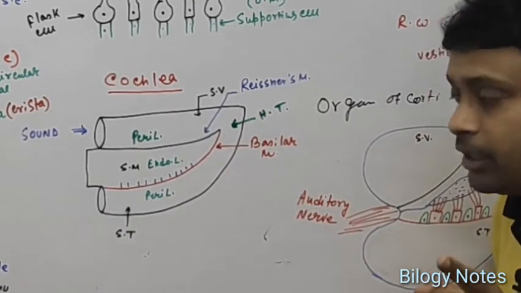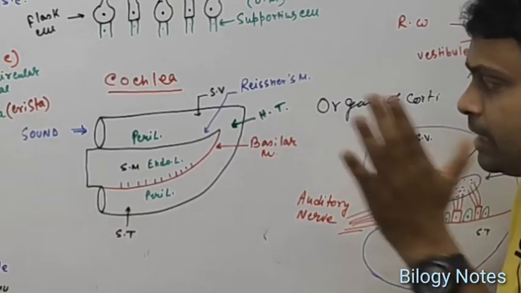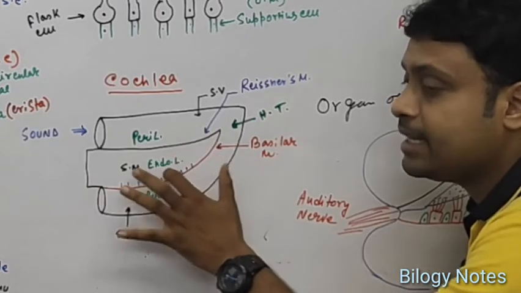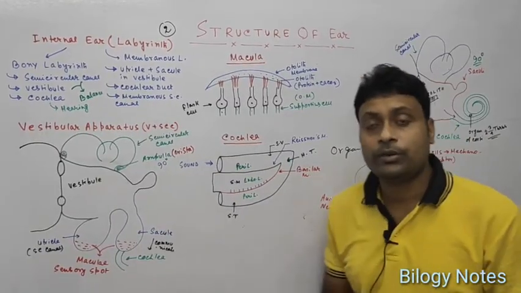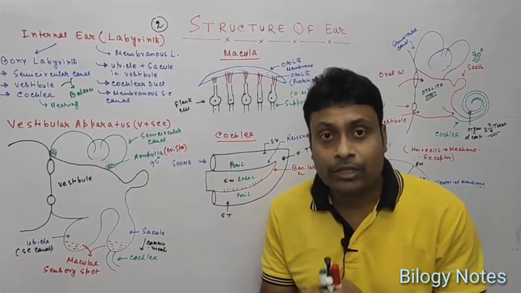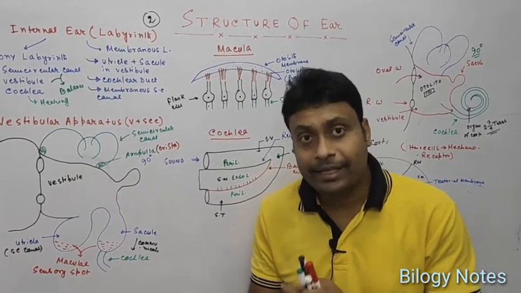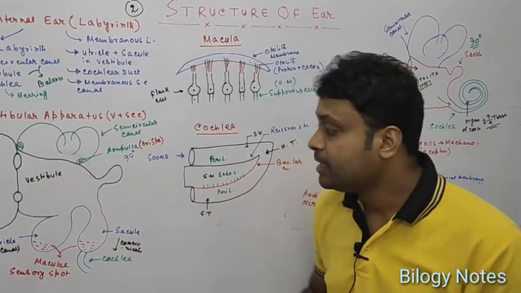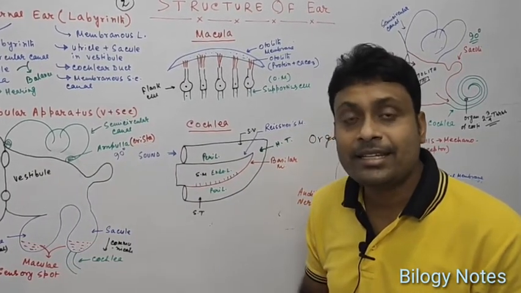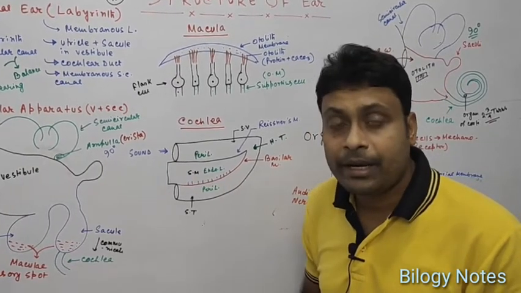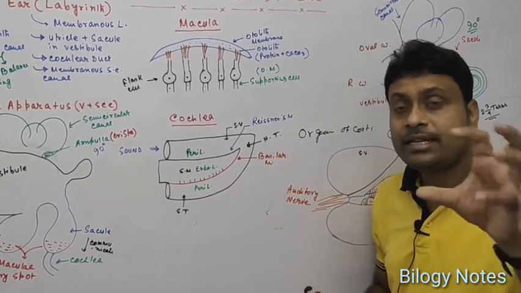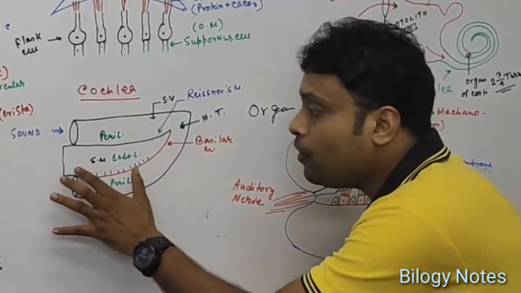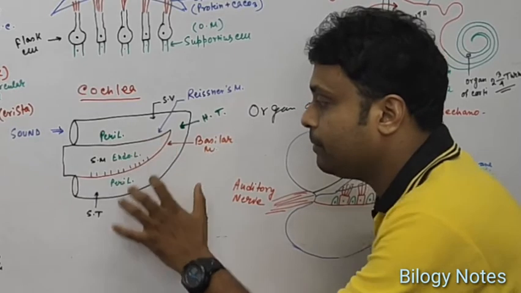This is very, very important, right? Now, throughout the basilar membrane, the sensory hair cells are present, and I have already told you that the sensory hair cells are actually the receptors of our ear. Okay, for maintaining balance, the sensory hair cells are present inside the macula and the cristae in the vestibular apparatus. And for hearing, these sensory hair cells reside throughout the basilar membrane.